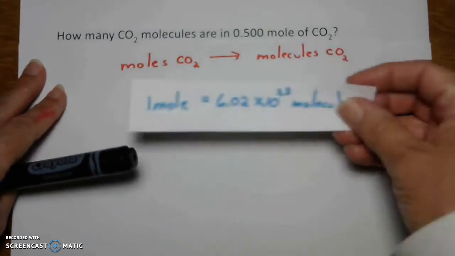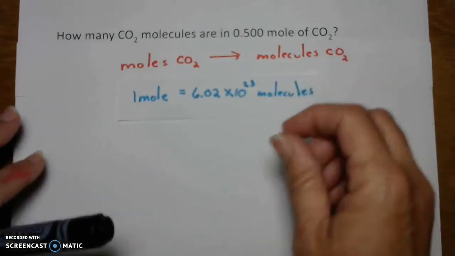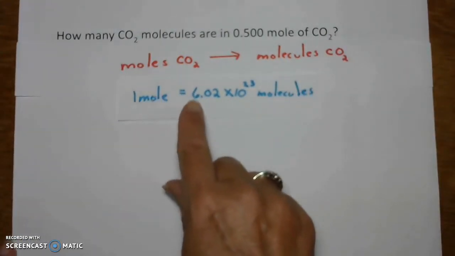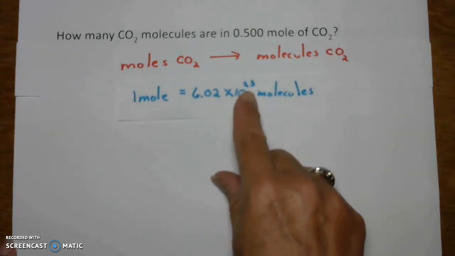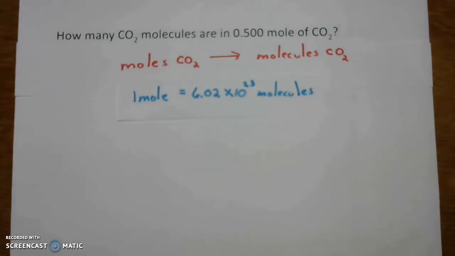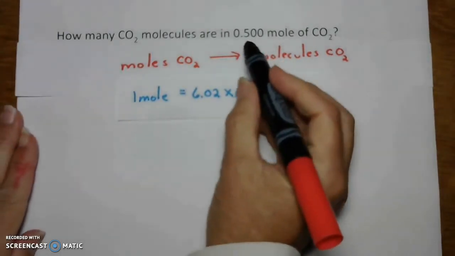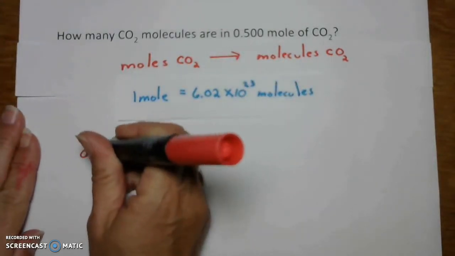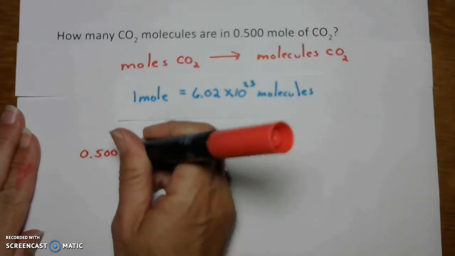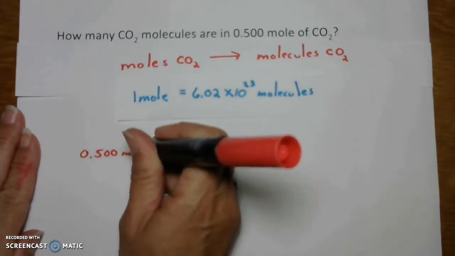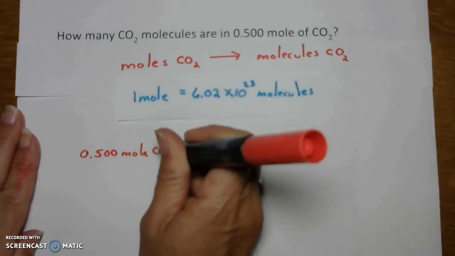So we can use this relationship right here, where 1 mole is equal to 6.02 times 10 to the 23rd molecules. First, we'll write the number from the problem, 0.500 moles of CO2.